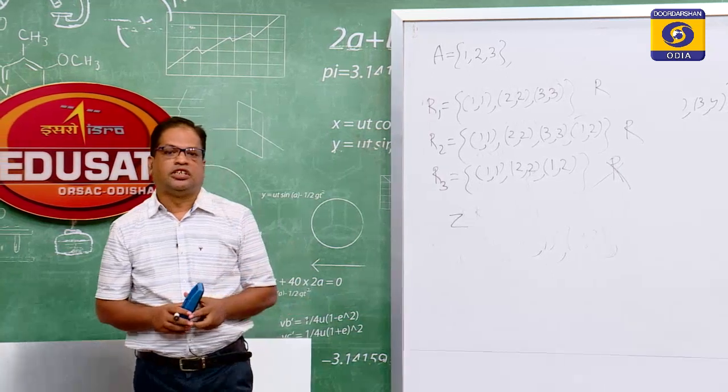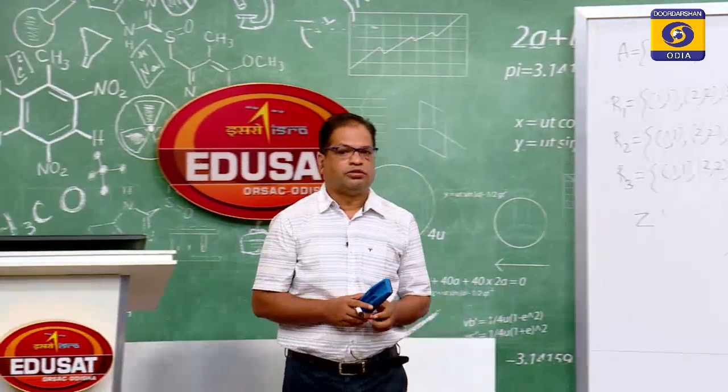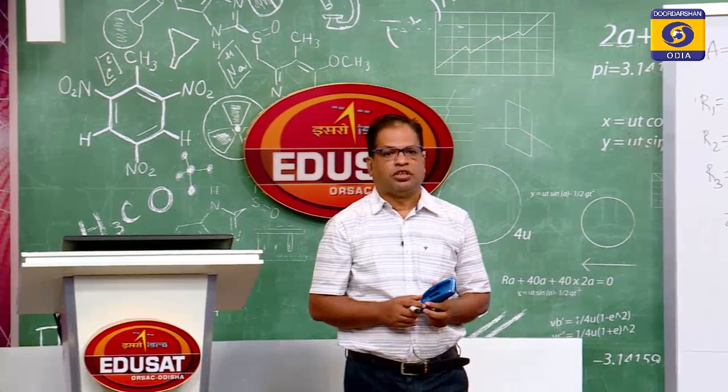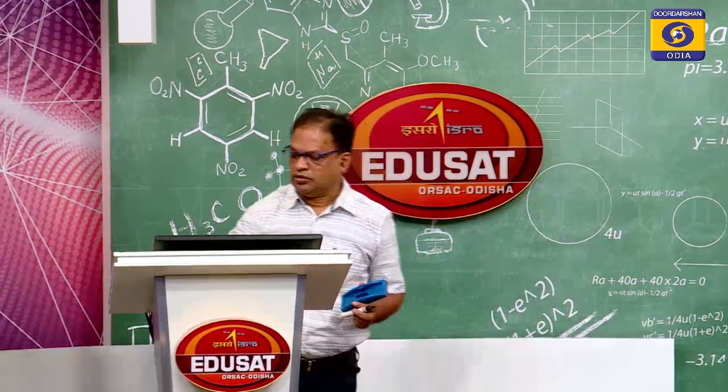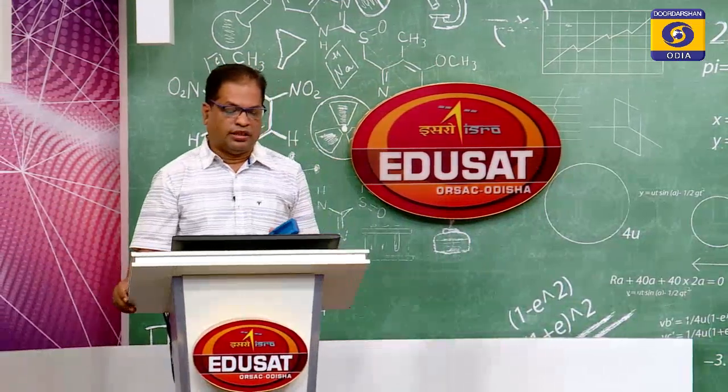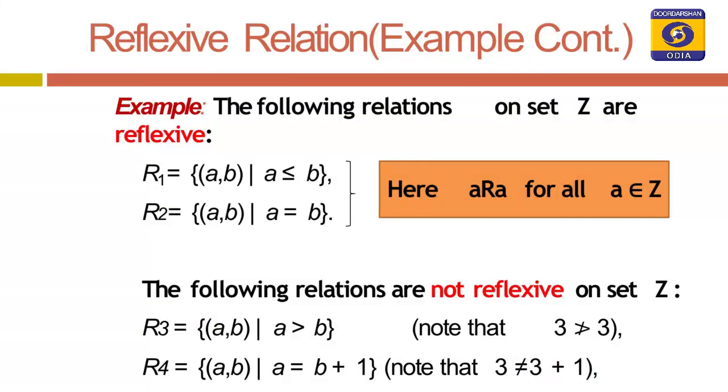So, is equal to on the set of integers is an equivalence relation. Similarly, R2 = {(a, b) such that a is less than or equal to b} is also reflexive, because every integer is less than or equal to itself.